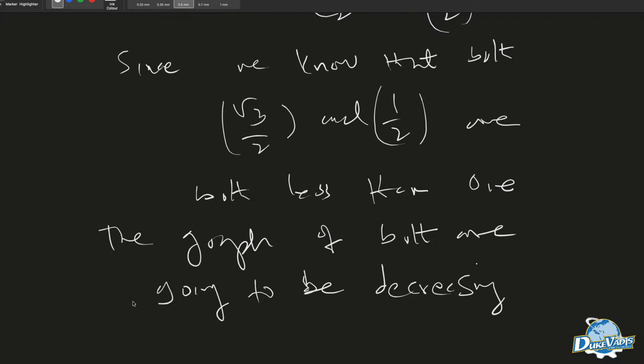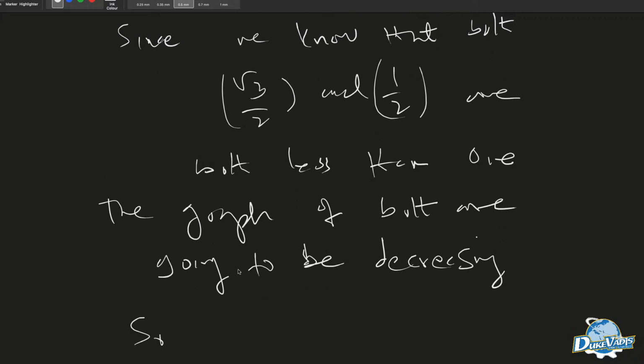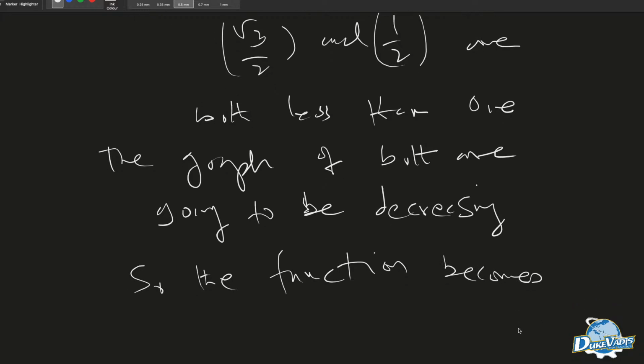So if that is the case, the function f of x becomes a decreasing function.